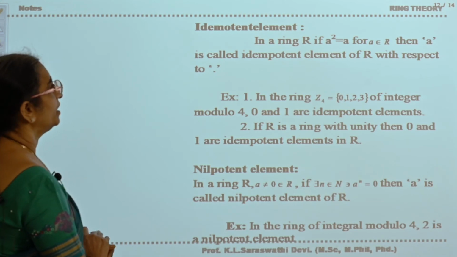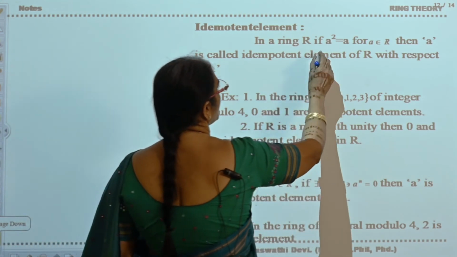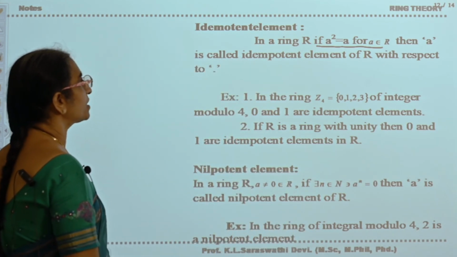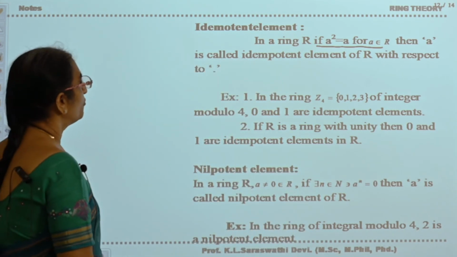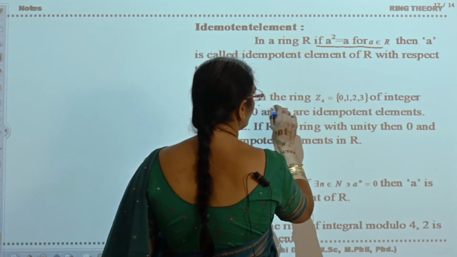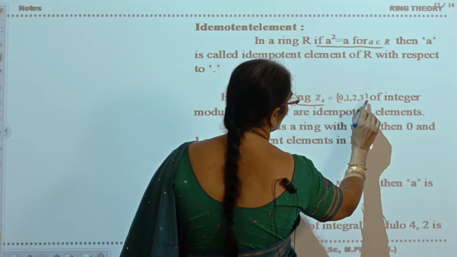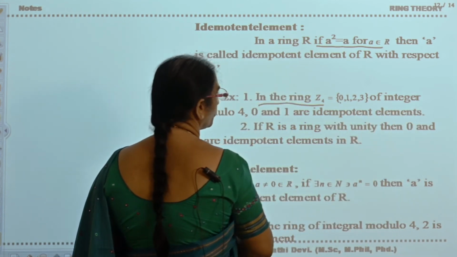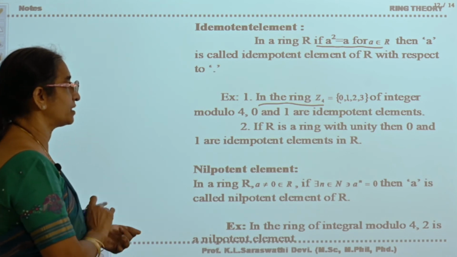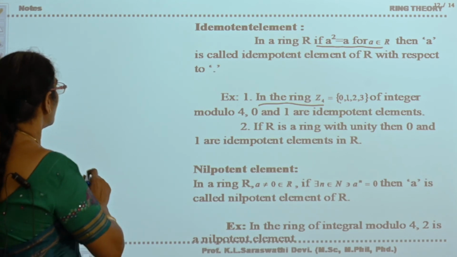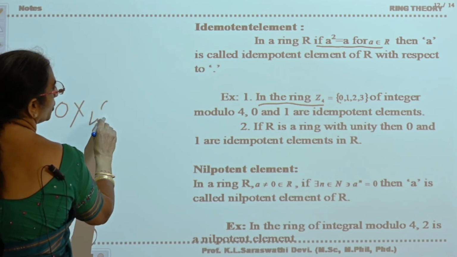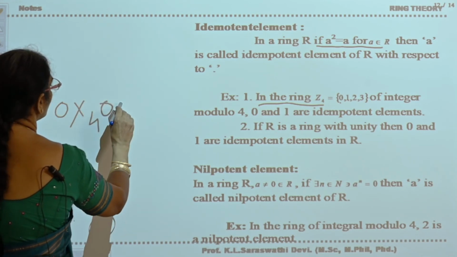Now, the next property: idempotent element. In a ring R, if A square is equal to A for A belongs to R, then A is called an idempotent element of R with respect to multiplication. For example, in the ring Z4 is equal to 0, 1, 2, 3 of integers modulo 4, 0 and 1 are idempotent elements. 0 multiplication modulo 4, 0 is equal to 0.